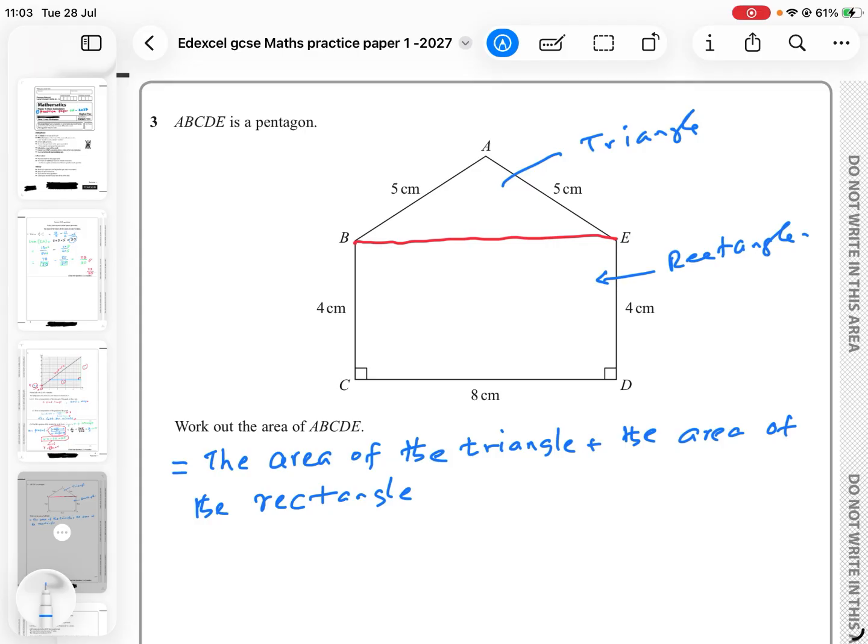So to work out the area of ABCDE, it equals the area of the triangle plus the area of the rectangle. So now the area of triangle formula: this is your base, this one perpendicular height.